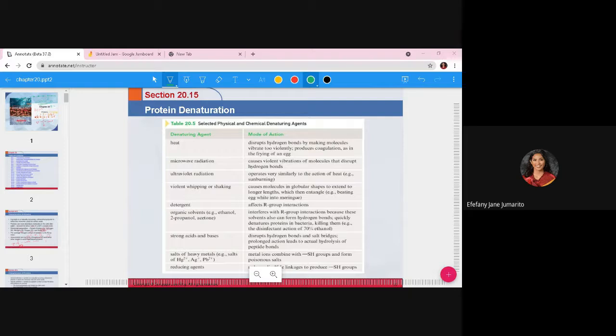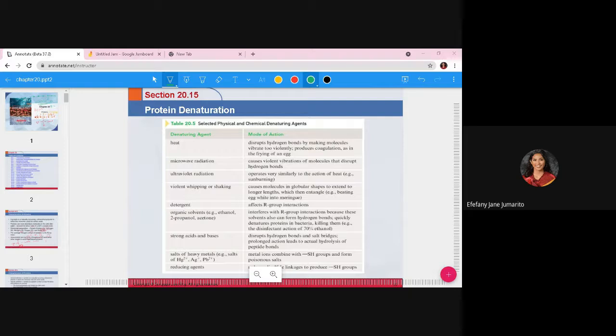Also the isomers: isomers have the same amino acids but different orders or different sequence. As the length of amino acids increases, isomers also increase.